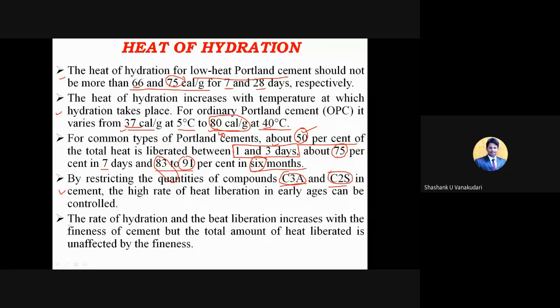So here the rate of hydration and heat liberation increases with the fineness of the cement, but the total amount of heat liberated is unaffected by the fineness. The total amount of heat is nowhere concerned with the fineness, but the rate of hydration at the early stage, that liberation, increases with fineness of the cement.